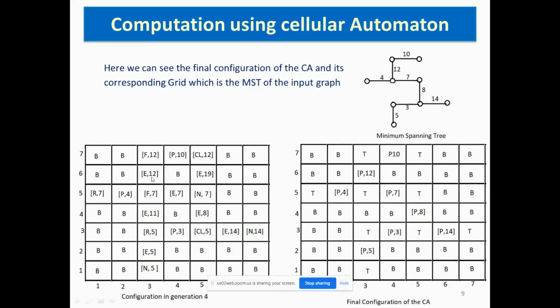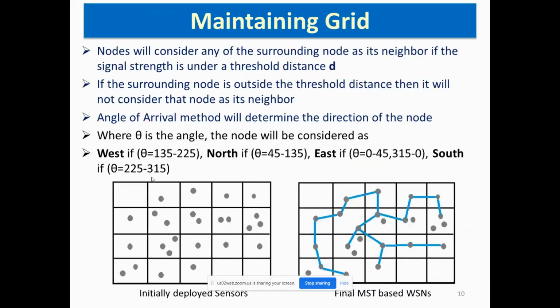And the cellular automaton, so this is the basic cellular automaton algorithm we'll be using. Now let's move on to the second part of our work, which is how we are using it in the wireless sensor network. So the first thing we have to do is to maintain a grid structure, because when we deploy the sensor nodes, we most commonly use a random deployment method.